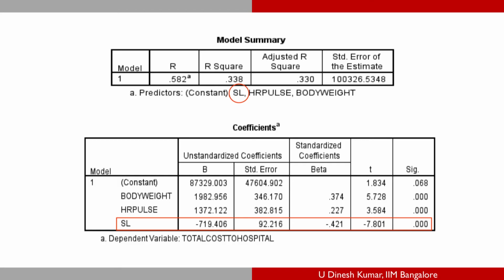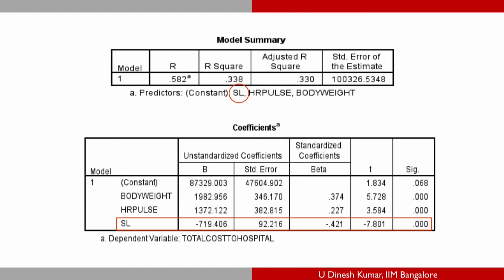Let us look at this example. Here I have included body weight and HR pulse, and the last variable SL is the serial number, basically the case number in that data set. Remember, in the die another day example, I had 248 observations. So this SL is 1 up to 248, and it has increased the R square to 0.33.